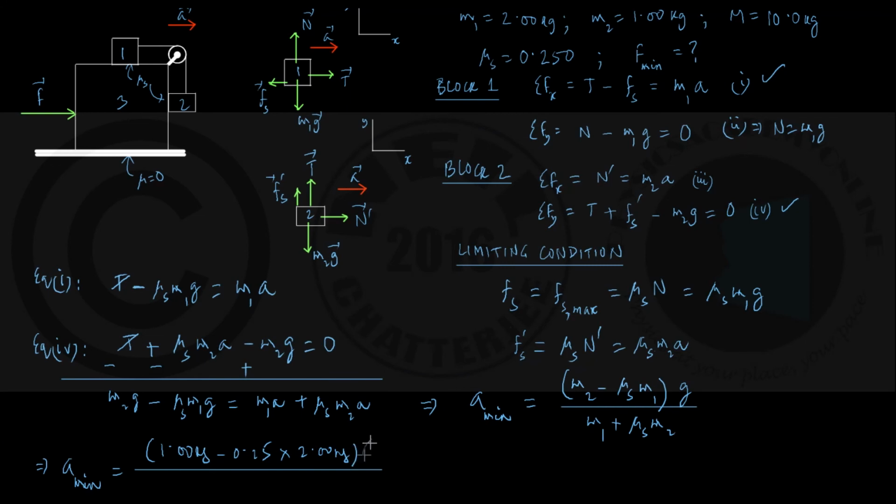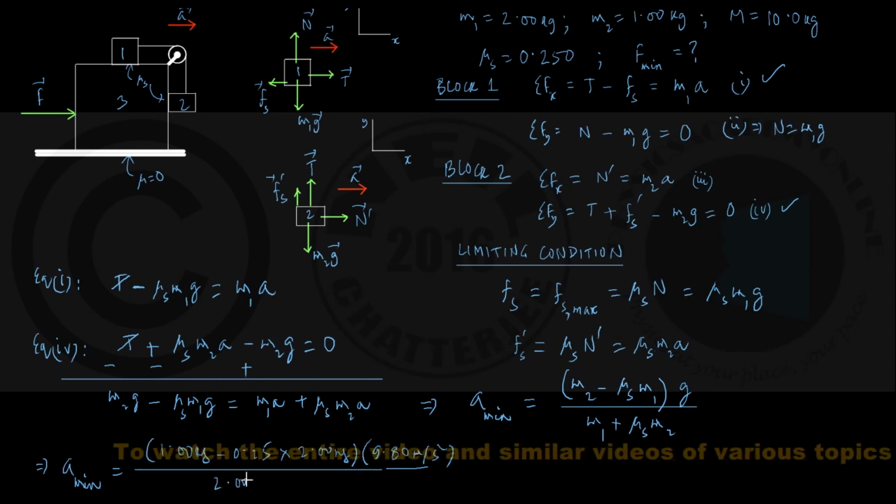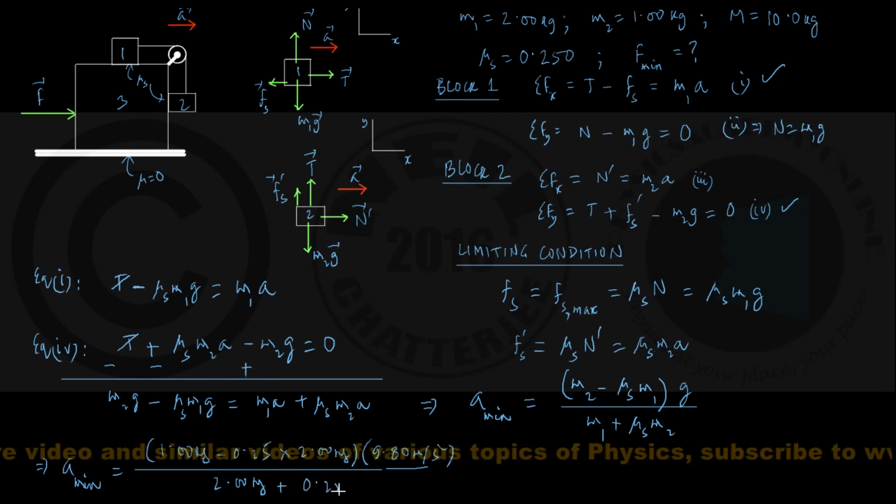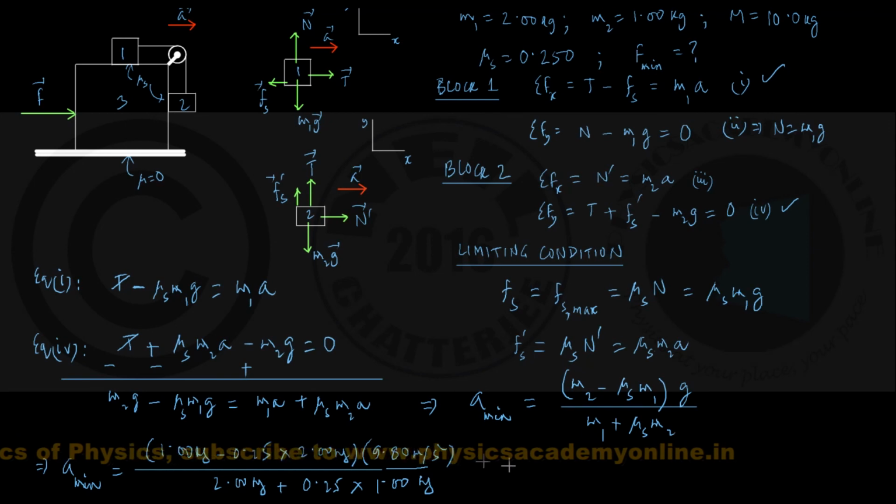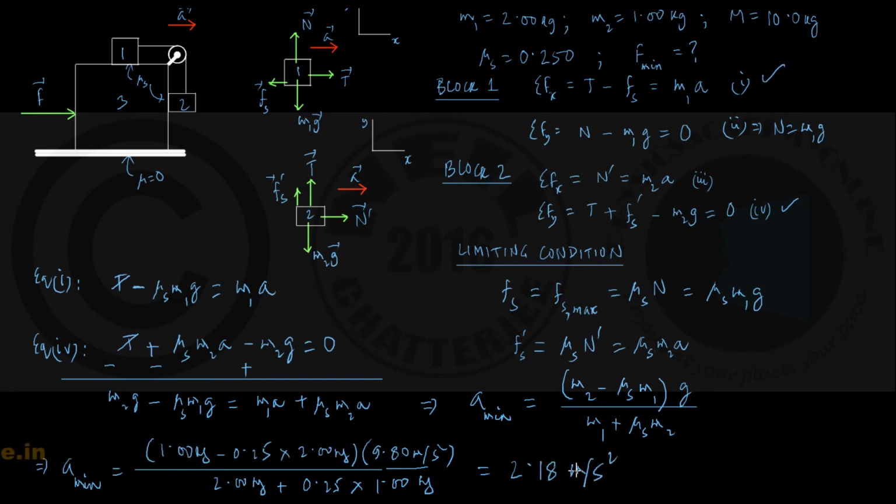This thing into the value of g, free fall acceleration, let me take it to be 9.80 meter per second square, whole thing divided by m1, that is 2 kg plus mu s 0.25 into m2, that is 1.00 kg. Complete the calculation and show that the value of a min is coming about 2.18 meter per second square in 3 significant figures.